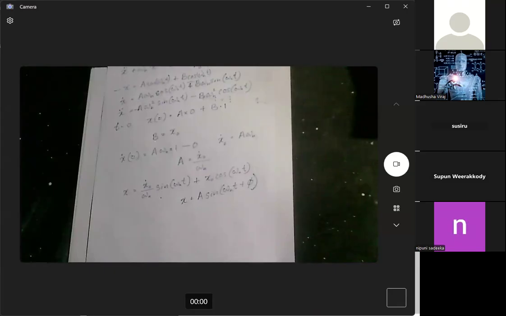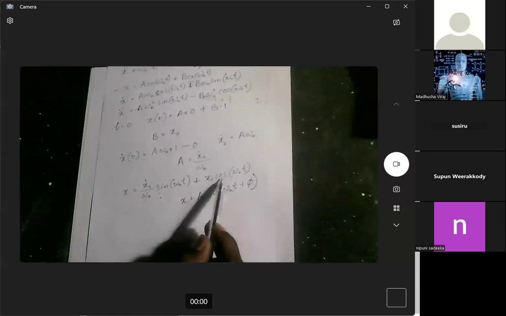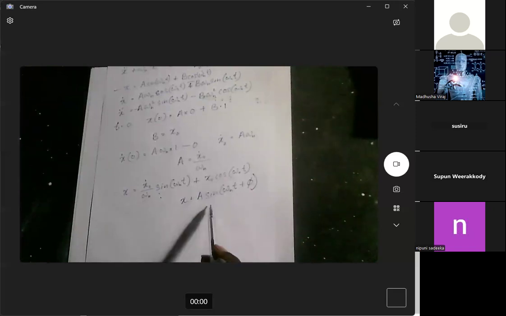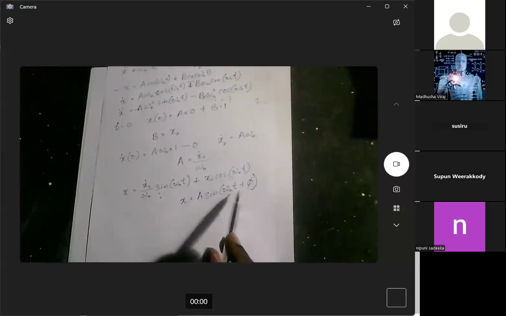What are you going to do? Now these parts, again, you have to use the knowledge in advanced level. Since you have sine and cosine function here, and it ends up as one single sine function, මොකක්ද එකෙන් කියන්නේ?